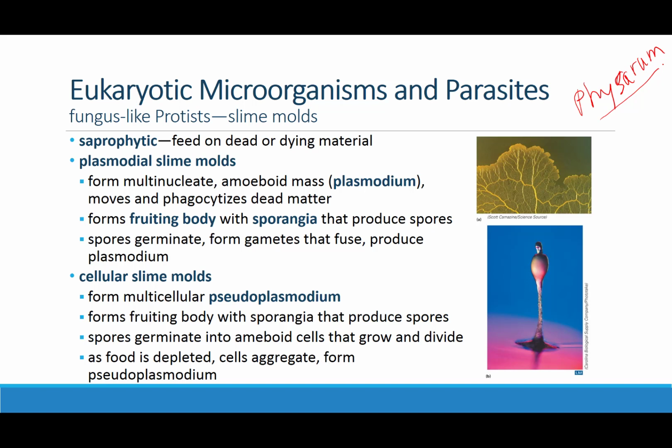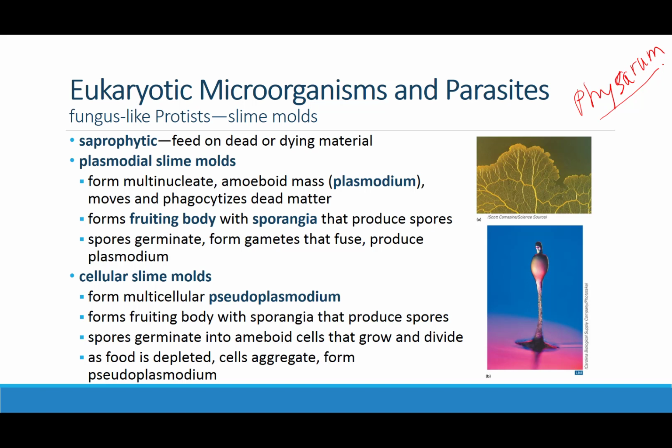These guys are saprophytic, which means that they feed on dead or dying material. So that's why we find them in mulch, because that's just plant material that's already dead. And then, like fungi do, they will digest extracellularly and then import into their body the nutrients that they're digesting.